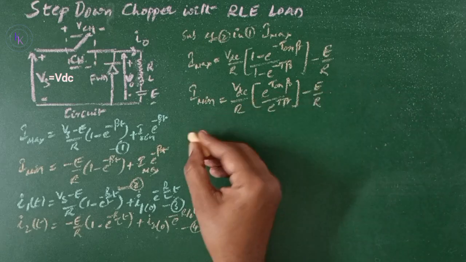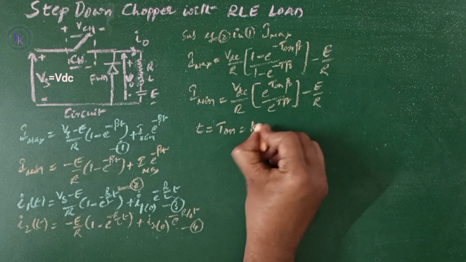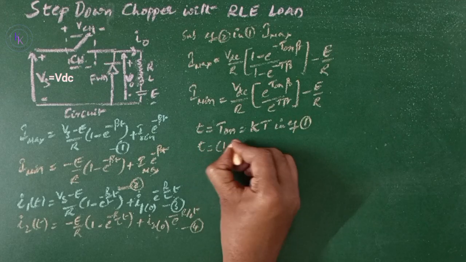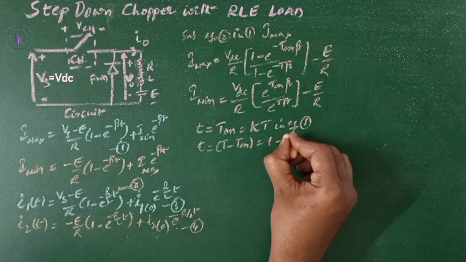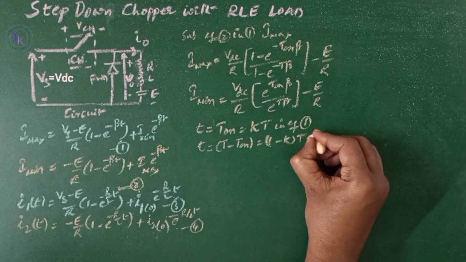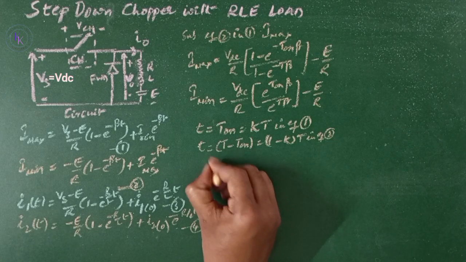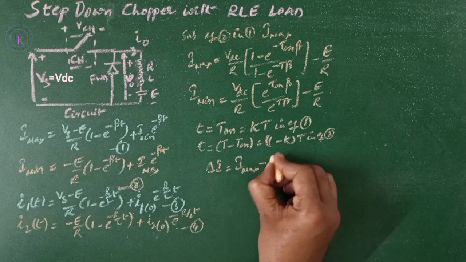By solving for this, keep T on = kT in equation 1, and T − T on = (1 − k)T in equation 2.